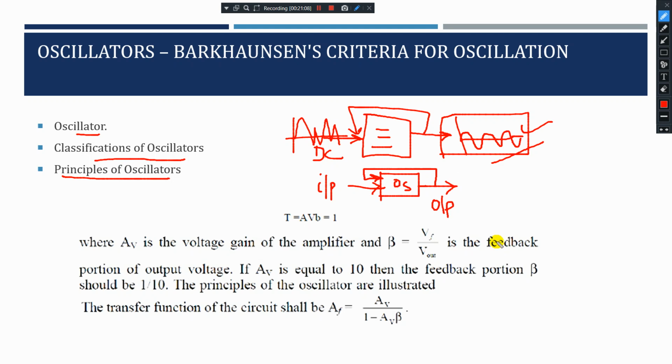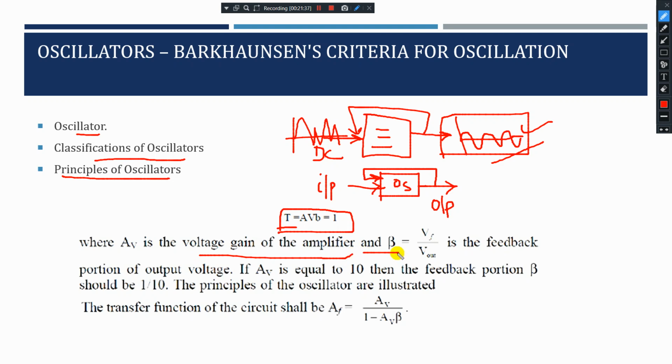Next, here are some of the mathematical values for the loop gain. For the loop gain, I have given the name T. So what is T here? T is the gain of the amplifier, AV, times beta, and it is equal to 1. It should always be equal to unity, where AV is the voltage gain of the amplifier.